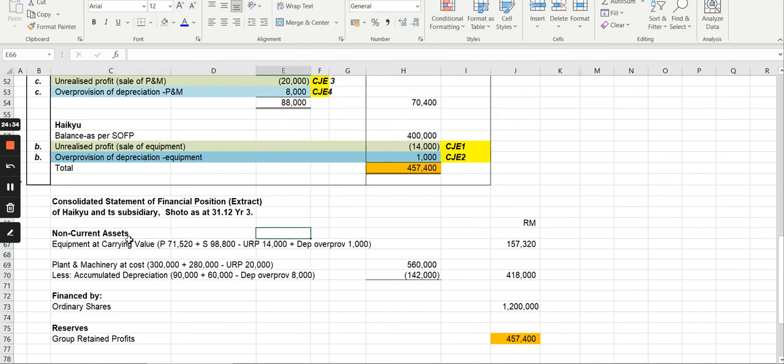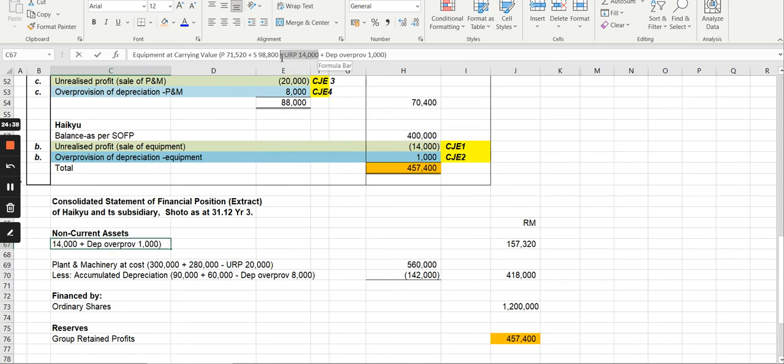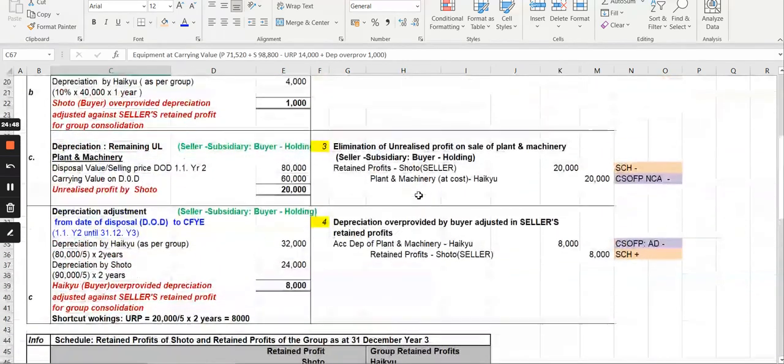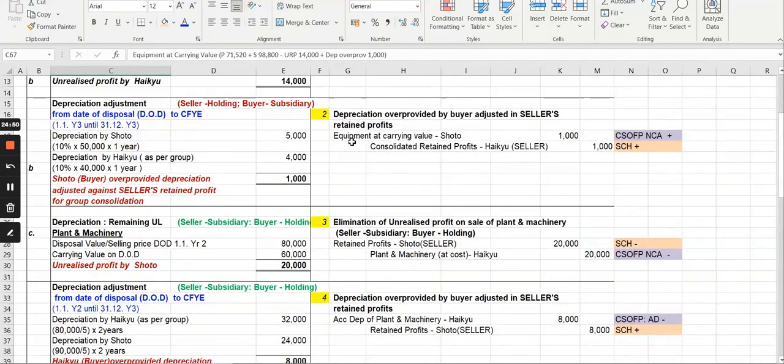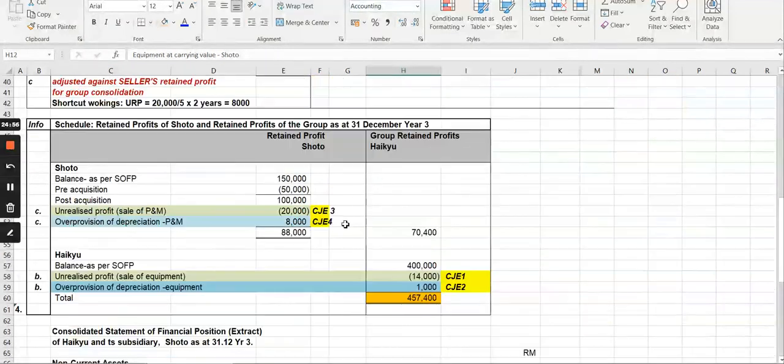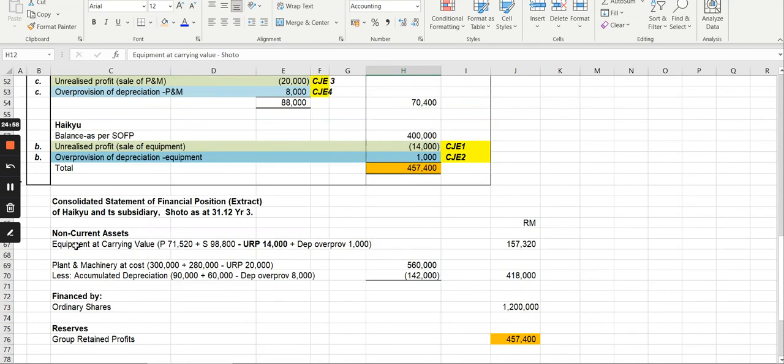And for the adjustment of unrealized profit, when you go and credit the asset, it means that you are actually reducing the equipment. So remember this journal entry here. When you credit equipment, you are actually reducing the asset.